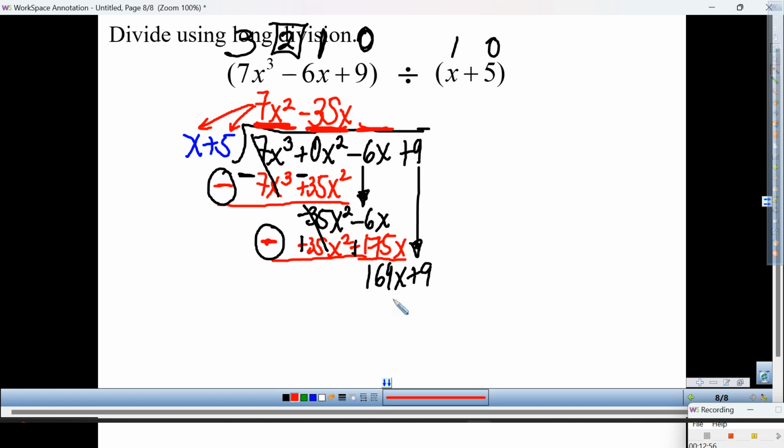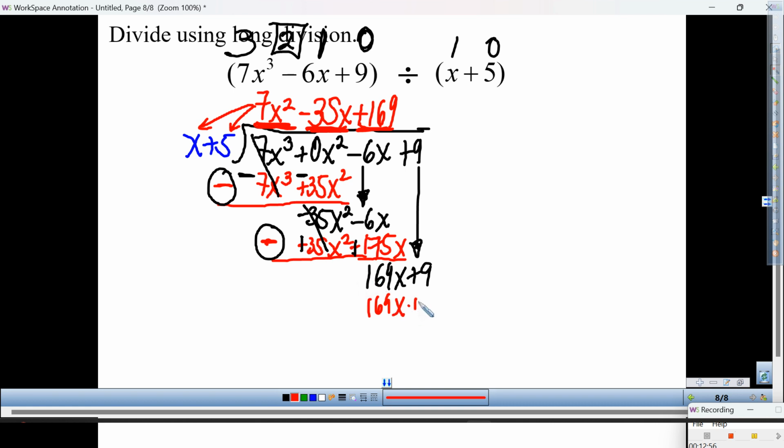Tell your neighbor, what's that number? Anthony E., what's that number? 169, yes, 169. 169 times x is 169x. 169 times 5, that's 45?